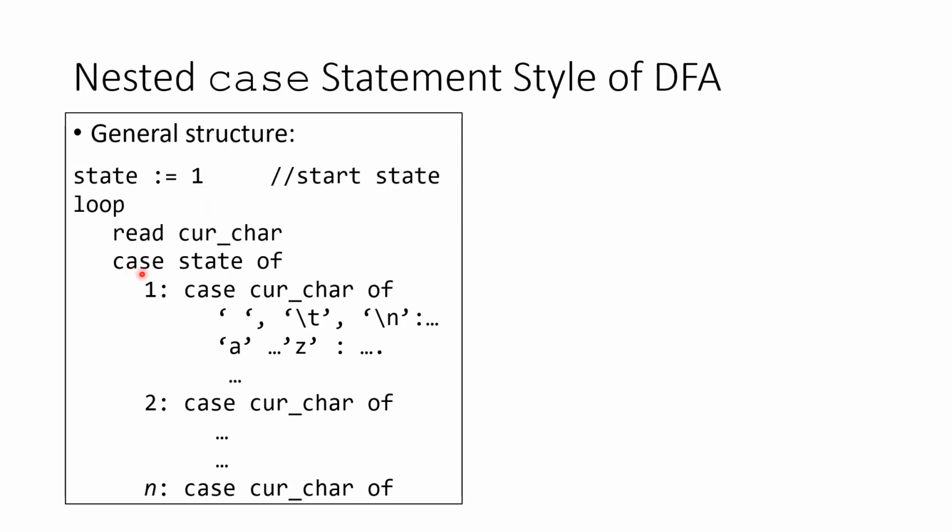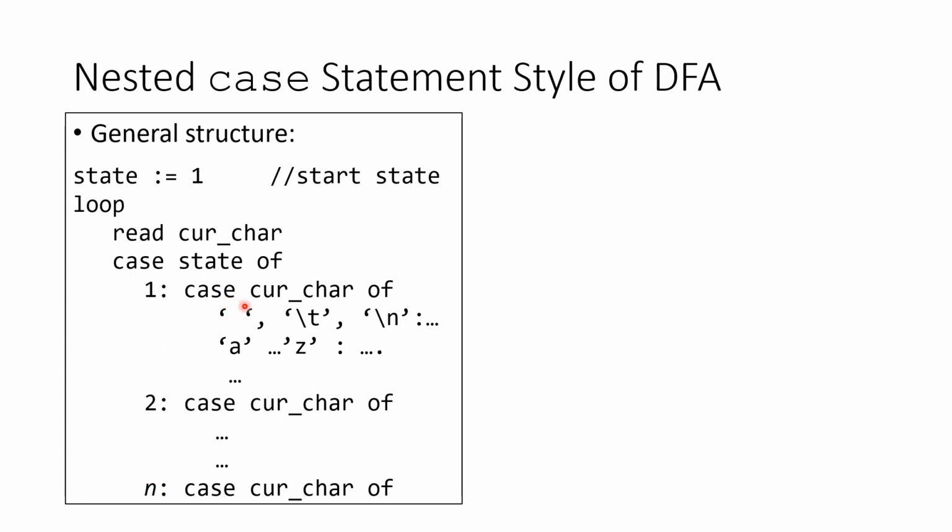Then it goes through a loop. In each iteration of the loop, it reads the current character, then enters the outer case statement, which covers the states of the DFA.